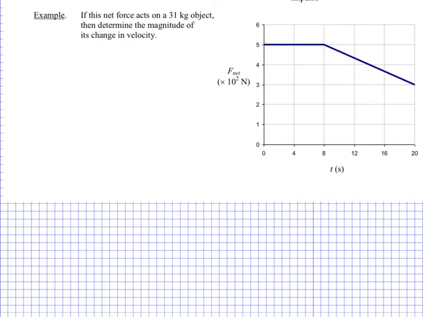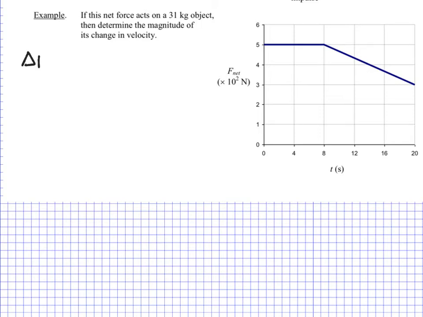So here's a close-up of our example. We're told if the net force acts on a 31 kilogram object, we're going to determine the magnitude of the change in velocity. So just to remind us of the equations we'll need, we're looking at impulse, which is a change in momentum.